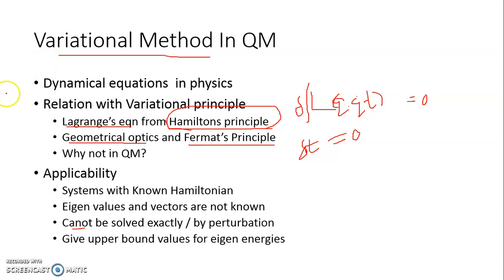So this is an approximation method suitable for those problems whose Hamiltonians are well known, but their eigenvectors and eigenvalues are not known. This generally gives you an upper limit for the eigenenergies, and is most suitable for the evaluation of the ground state energy.